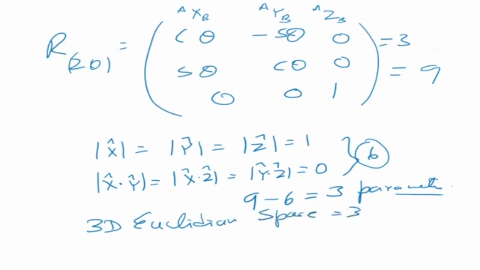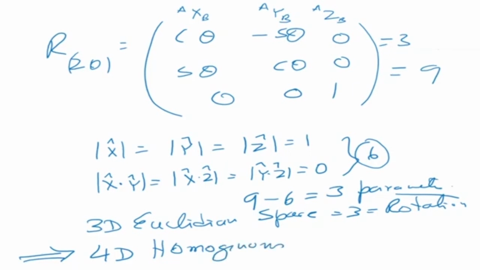So if you want to have rotation and translation, you need to move from 3D Euclidean space to 4D space, and that is what we call homogeneous space.